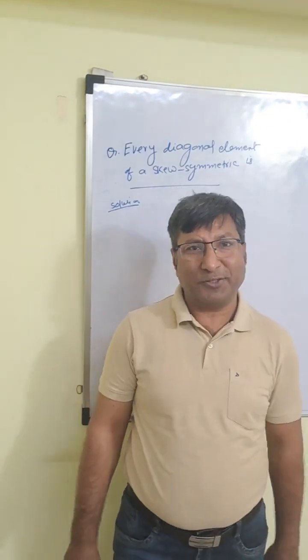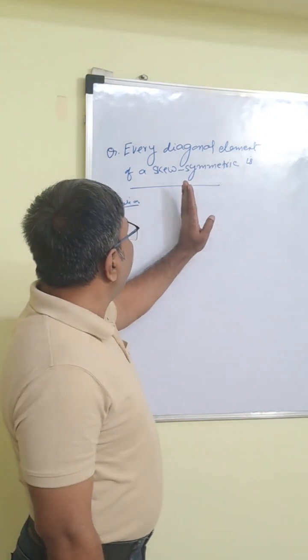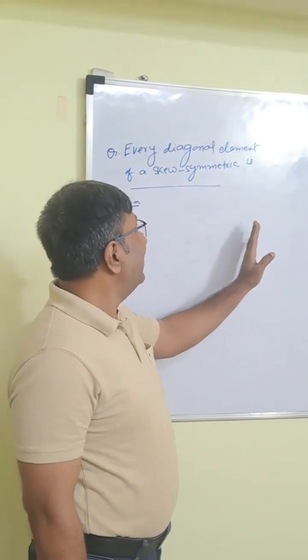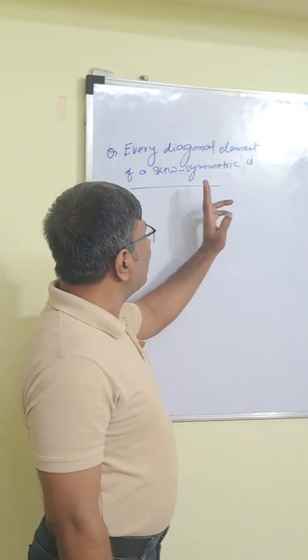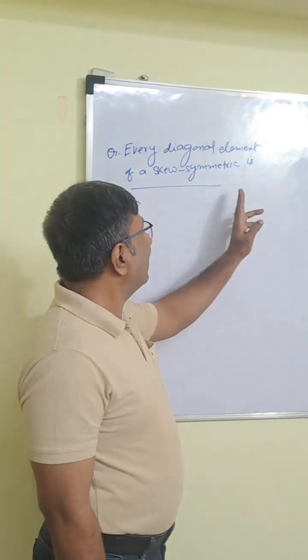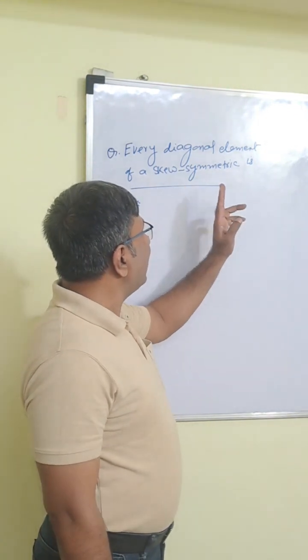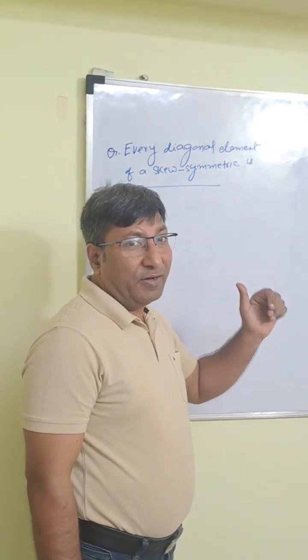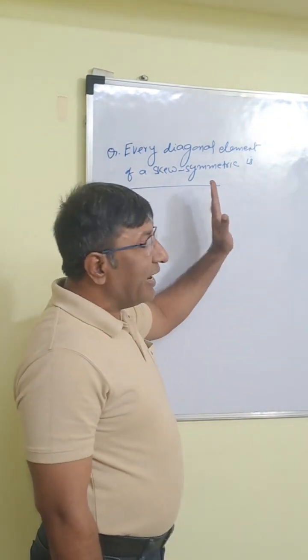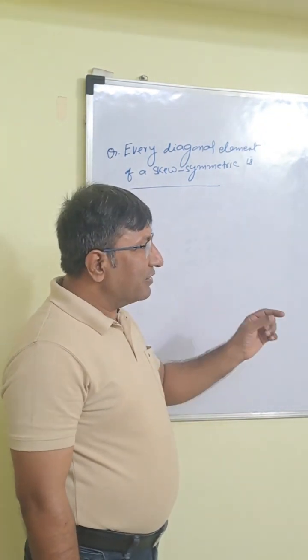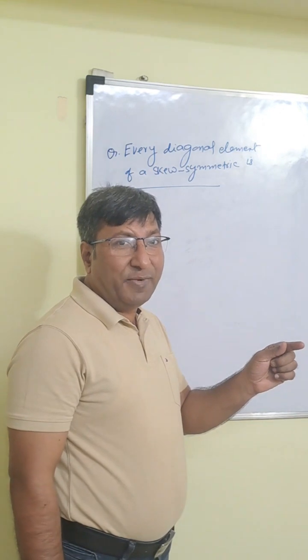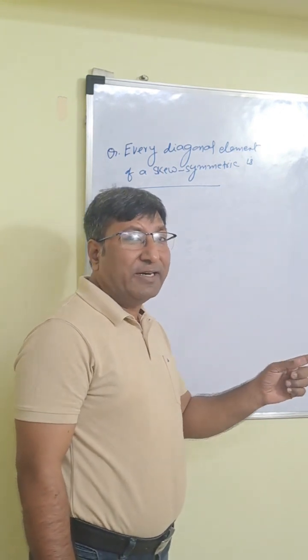Let's see the question. So question is what? Every diagonal element of a skew symmetric matrix is what? Right? So skew symmetric matrix, every diagonal element will be what? So you know diagonal element means that is the same position of the element having same number of row and same number of column.